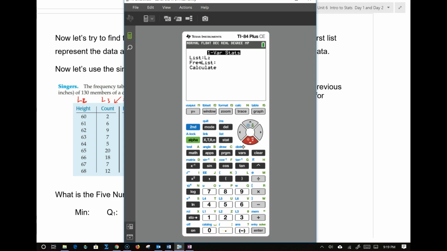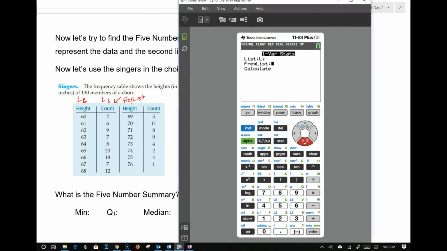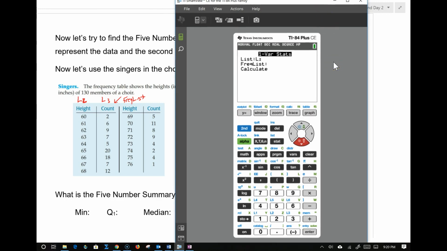Then the frequency list, remember, is the right-hand column of our data right here. I don't know if this will let me move it over or not. And so we're going to say that's our list 3. And you guys also entered that in block class, so yesterday. So we go second number 3, and then we go calculate. And notice it does all the calculations for us.